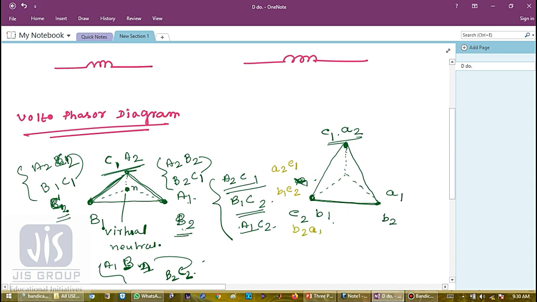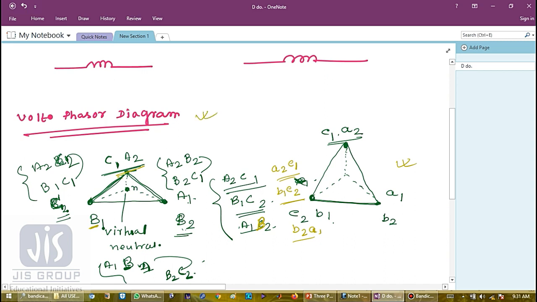Here also A2 C1, B1 C2, and sorry, here it will be A1 B2. So look, same for zero phase displacement. So now we have completed the voltage phasor diagram.